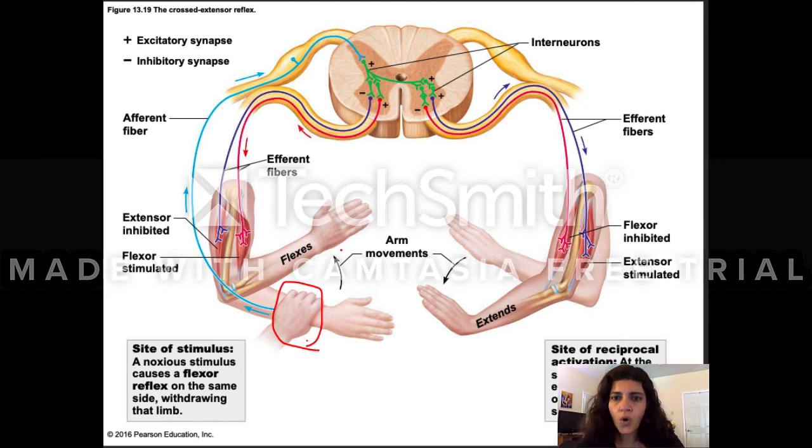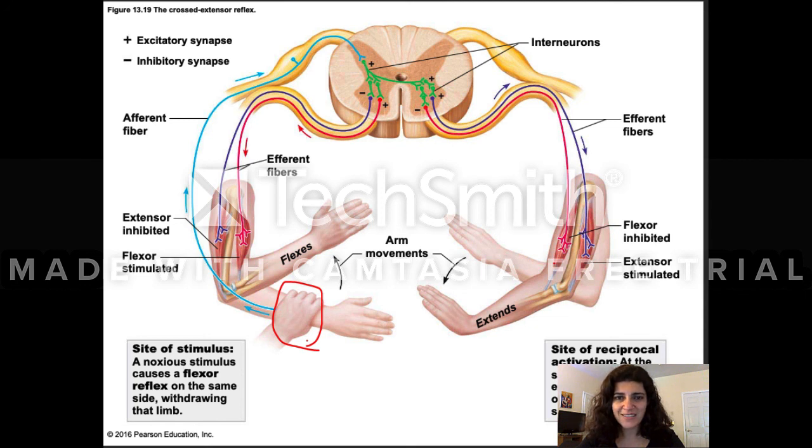Okay, so all this happens through a reflex arc, and this reflex arc inhibits what? In this arm, it is going to inhibit the extensors and activate the flexor. In the other arm it is the other way. It is going to activate the extensor, so you extend the opposite hand and relax the flexor.